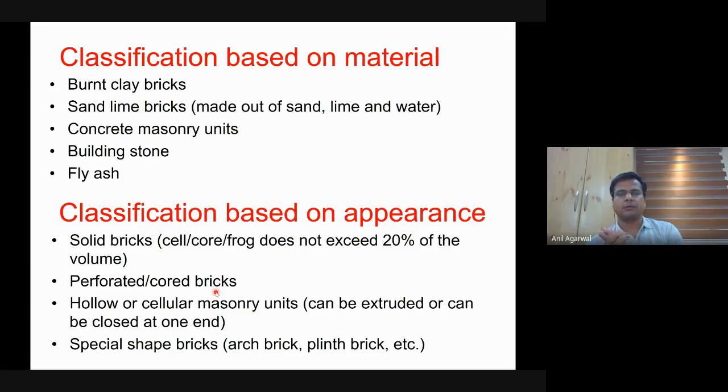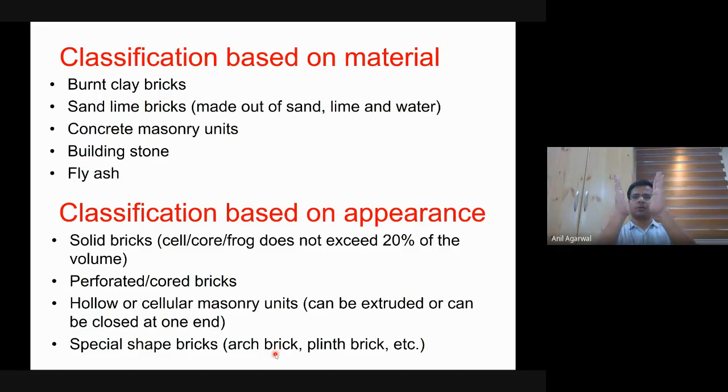Then you may have cellular masonry units. Hollow or cellular masonry units are usually the ones which are extruded using a facility. I'll show you a video in a minute. And then you may have special shape bricks. These are very uncommon these days. You may remember when they were making arches with bricks. Those arches were made of bricks which were not really square shaped.